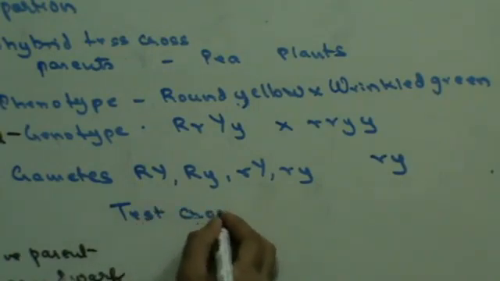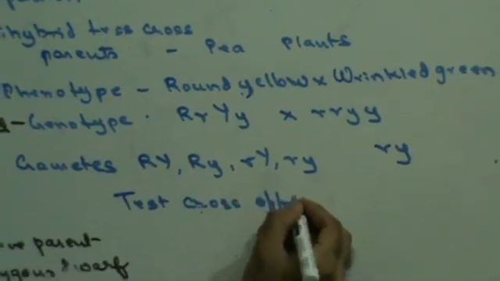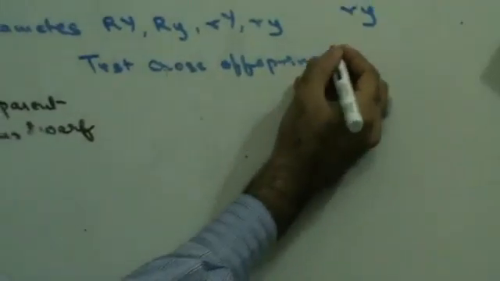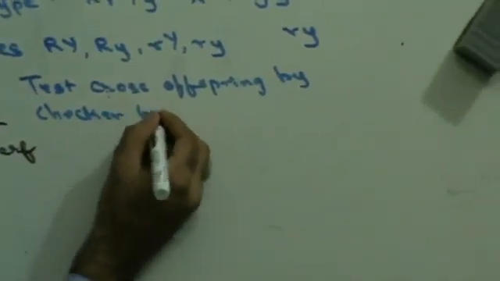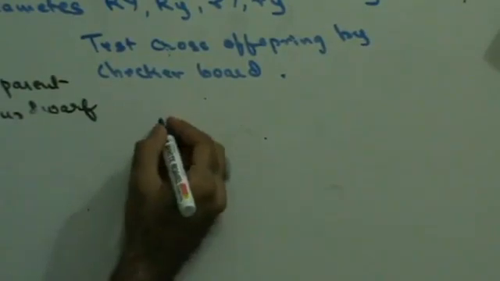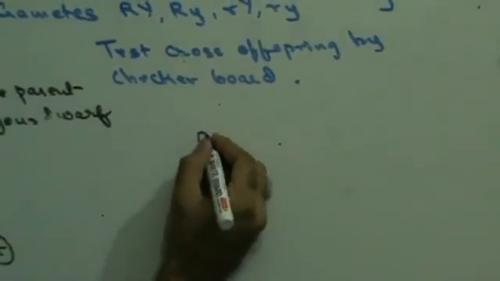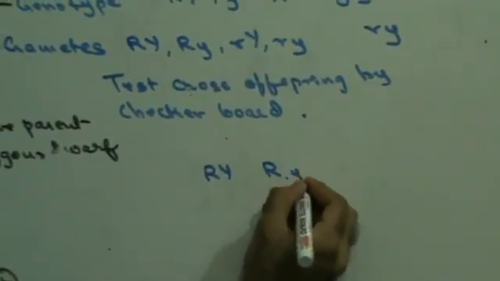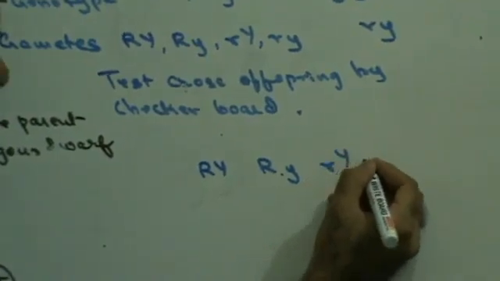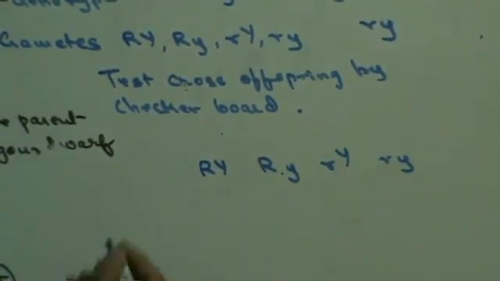Test cross offspring by checkerboard. Right? On one of the axes you are going to have 4 different types of gametes. That is, you are going to have RY, capital R small y, small r capital Y, small r small y.